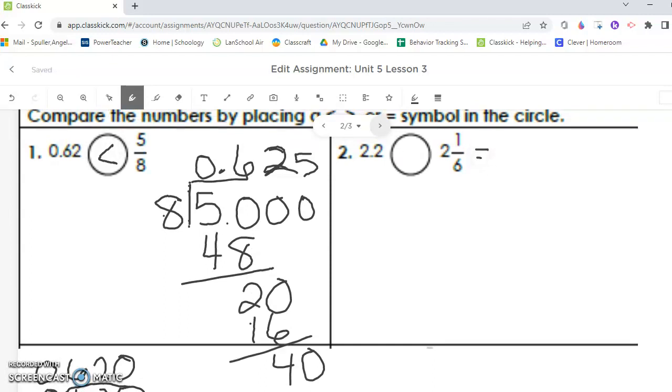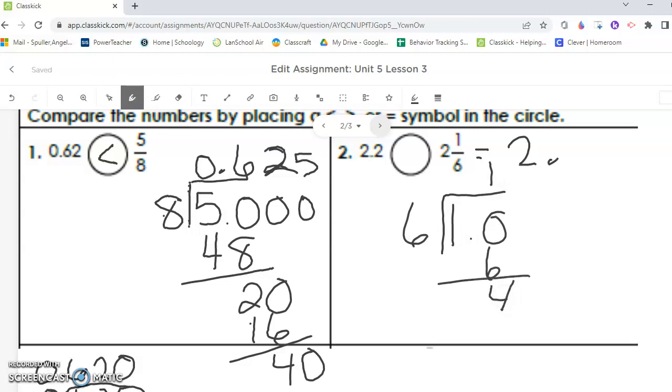Okay, so this is going to be 2 and something. 1 divided by 6 can go in there once. That's going to give me 4. Bring down a 0. All right, 6 can go in here 6 times.